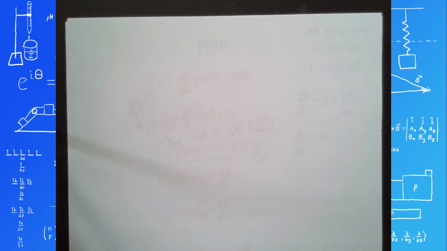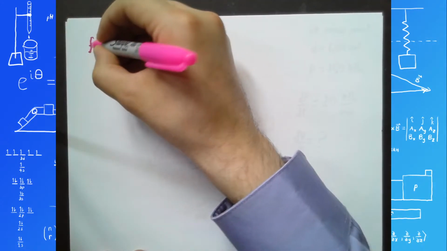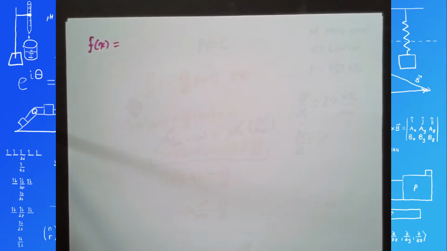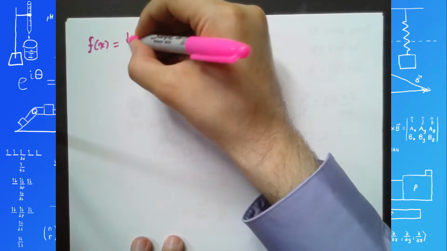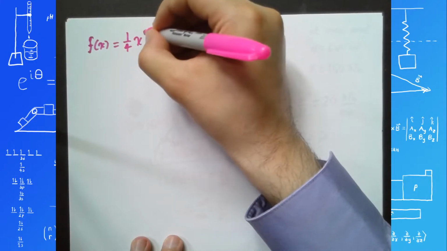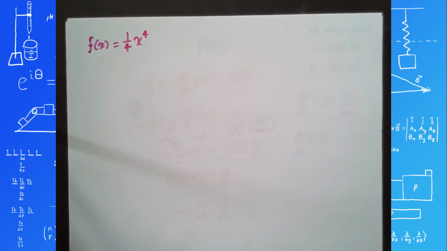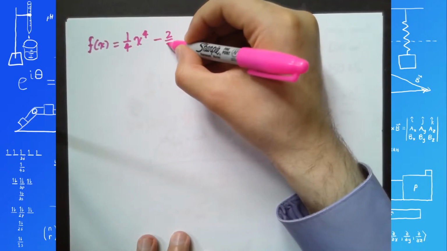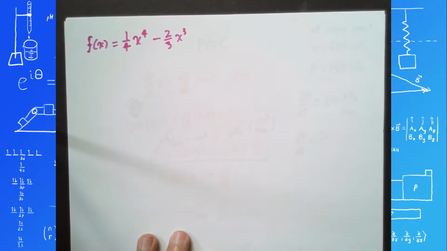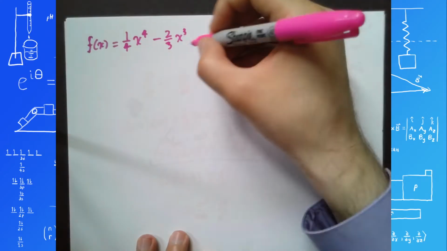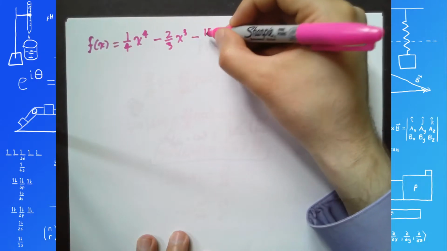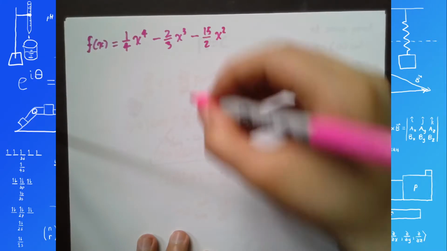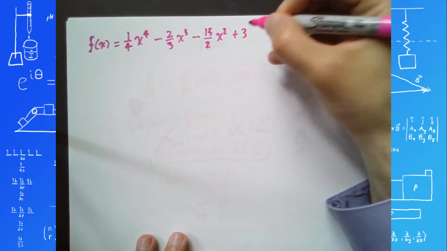Okay, so we have f of x equals 1/4 x to the 4th minus 2/3 x cubed minus 15/2 x squared plus 3.